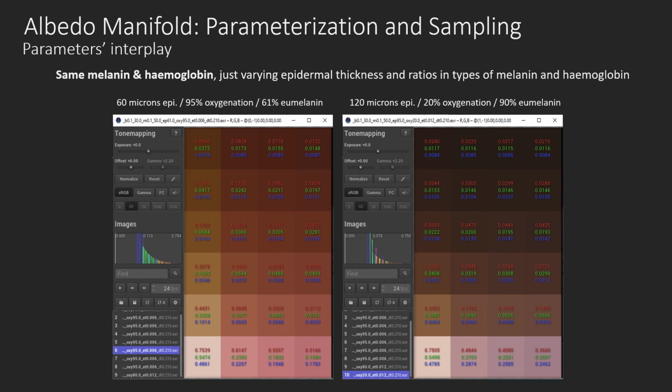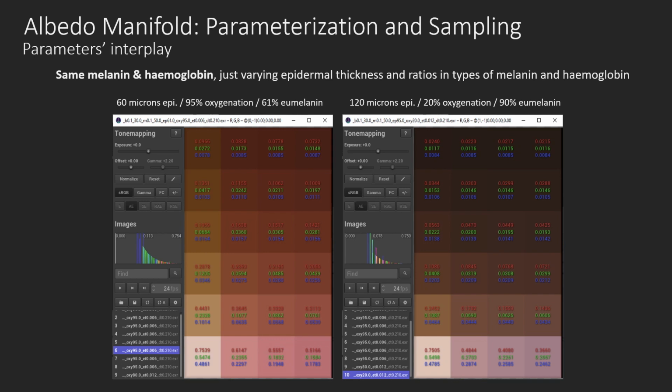This is an example run with our model of how this matters. Both tables vary the concentration of melanin and hemoglobin at the same rate. From left to right, higher hemoglobin concentration, from bottom to top, higher melanin concentration. The only difference is the epidermal thickness, 60 microns versus 120 microns, and two extra parameters that turn out to be critical: the ratio of melanin types and the ratio of hemoglobin types.